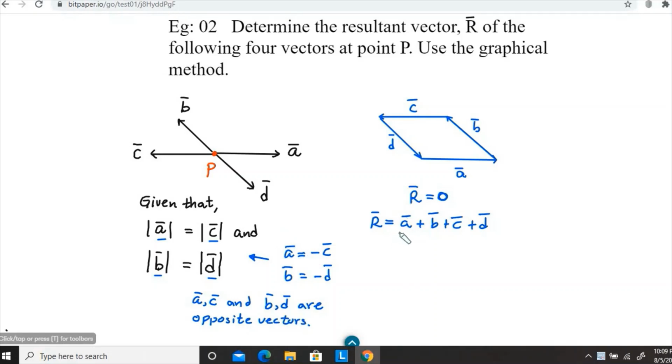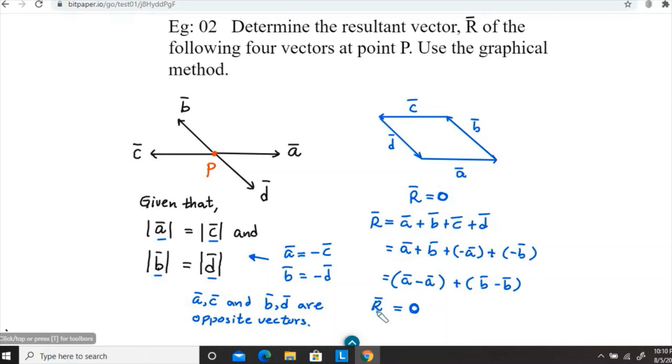So with that, we can rewrite this expression over here: vector A plus vector B, and instead of vector C, I'm going to substitute vector minus A. And for vector D, I'm going to substitute vector minus B. So now you can put A vector and minus A vector together, and B vector and minus B vector together, and you can see the result is the 0 vector.